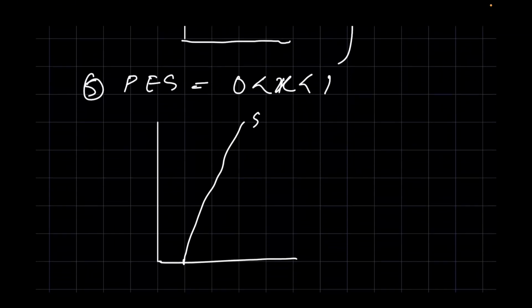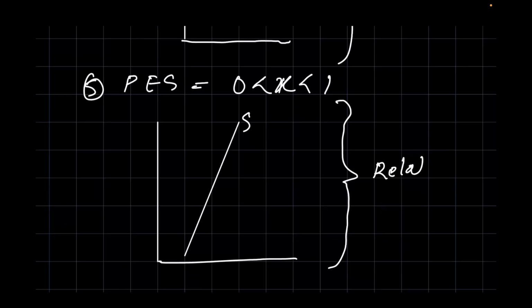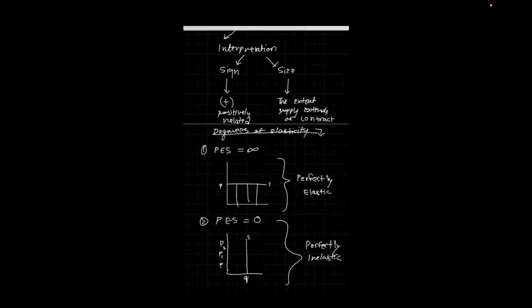So we make the supply close to vertical. And this shows that there is a relatively lesser change in quantity supplied in relation to the change in prices. So this is called relatively inelastic supply.